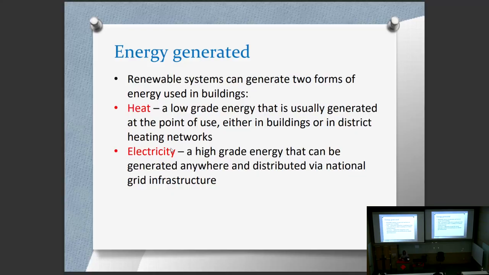And if you have surplus electricity, you can feed into the grid system. Just like for the CLP, they have the feed-in tariff, right? You can install some PV panel in the village house, and then the surplus electricity, you can sell it to CLP, right? So electricity is a high-grade energy which can be transmitted elsewhere.